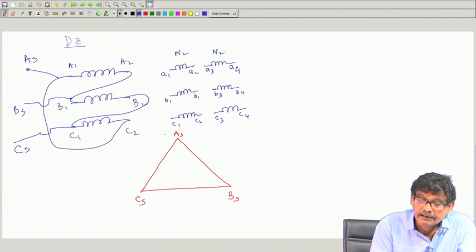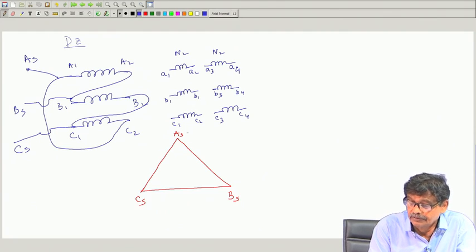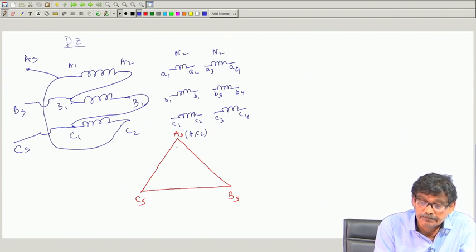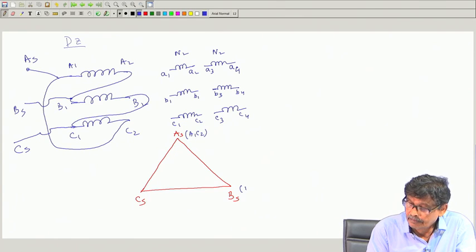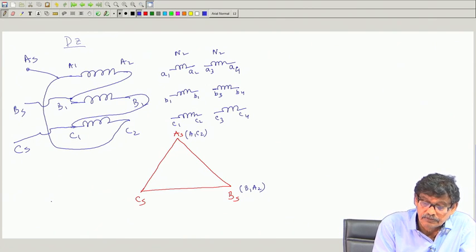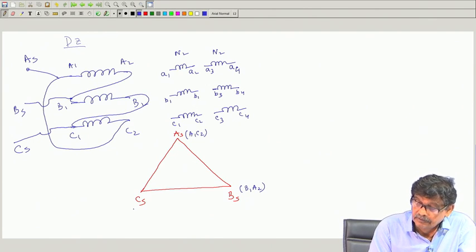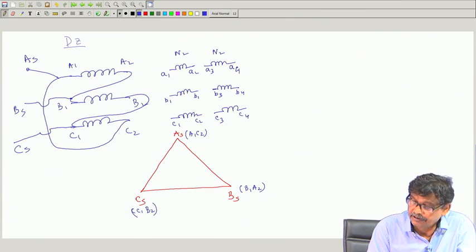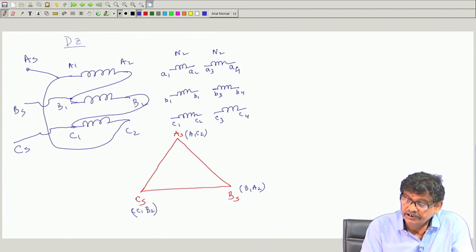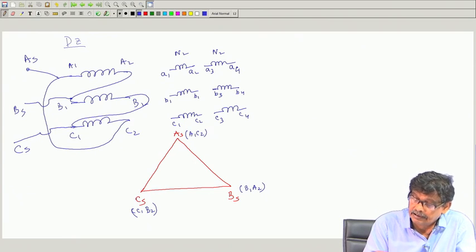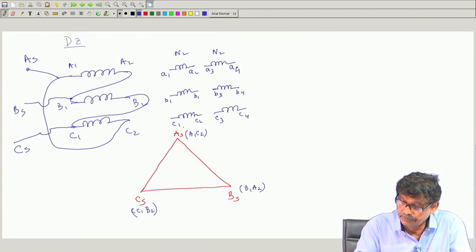Say AS means what? A1 C2, and BS means what? BS means B1 A2, and CS means what? C1 B2, is not same points. And on the secondaries now, you have these voltages available to you.